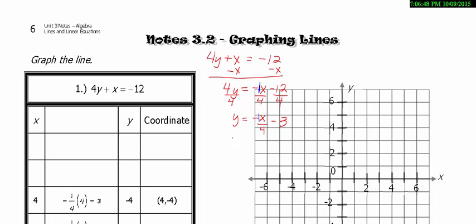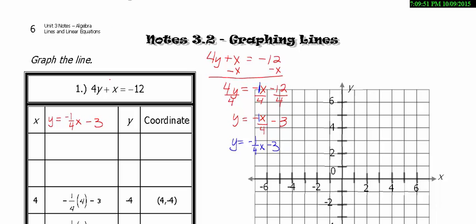Another way you can write this is y equals negative 1/4 x minus 3. So what I will do is take my equation and write it over here in the table. Y equals negative 1/4 x minus 3.